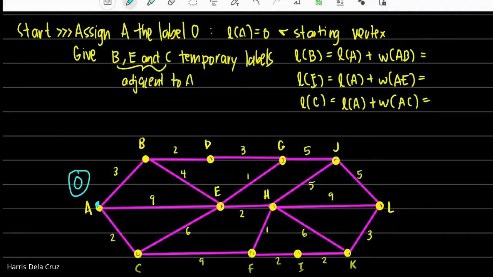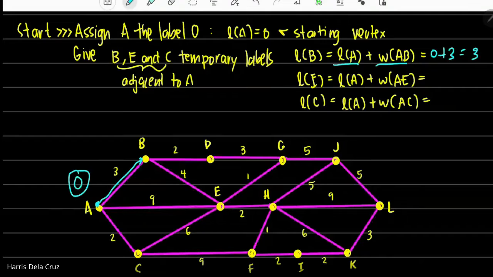So, in this case, label ng A plus yung weight ng edge AB. Okay? So, ang magiging temporary label, temporary lang kasi pwede pa magbago yan. Ang magiging temporary label ng B ay mula kay A papunta kay B, 3. So, that's 0 plus 3. So, ang temporary label ni B, 3.